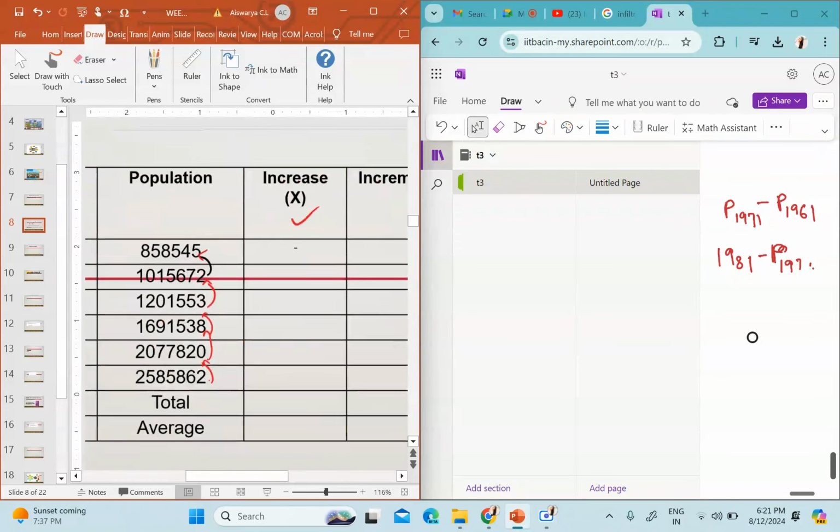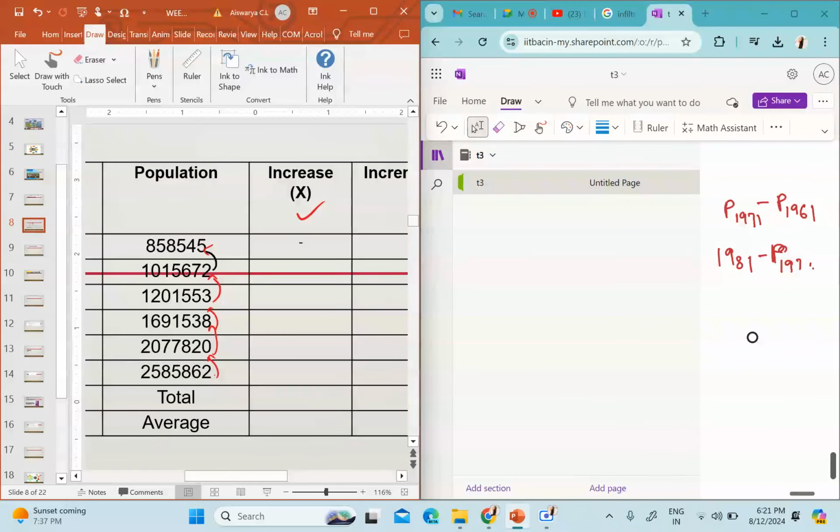The first value you got is 157127, right? Next value 185,881.